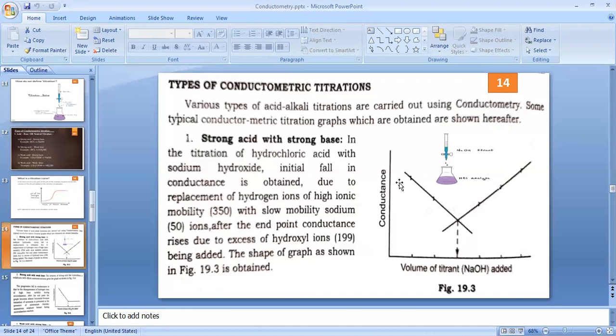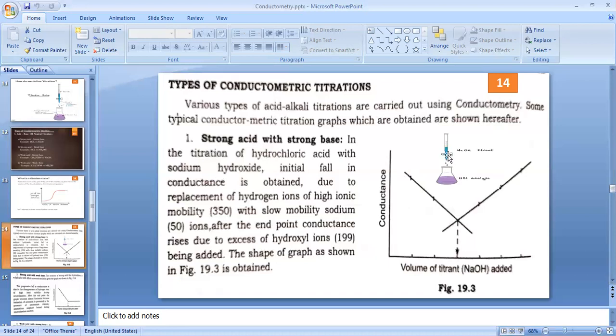Initially there is a fall in conductance of the HCl. The fall occurs due to the ionization of HCl, that is HCl into H plus and Cl minus, and this H plus is then replaced with Na. Due to the presence of Na in the conical flask, there is a fall in the conductivity of the analyte.